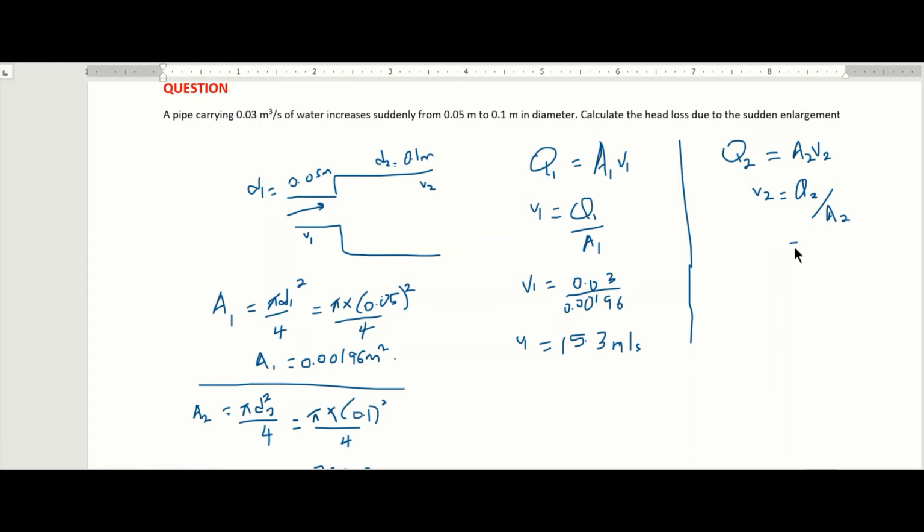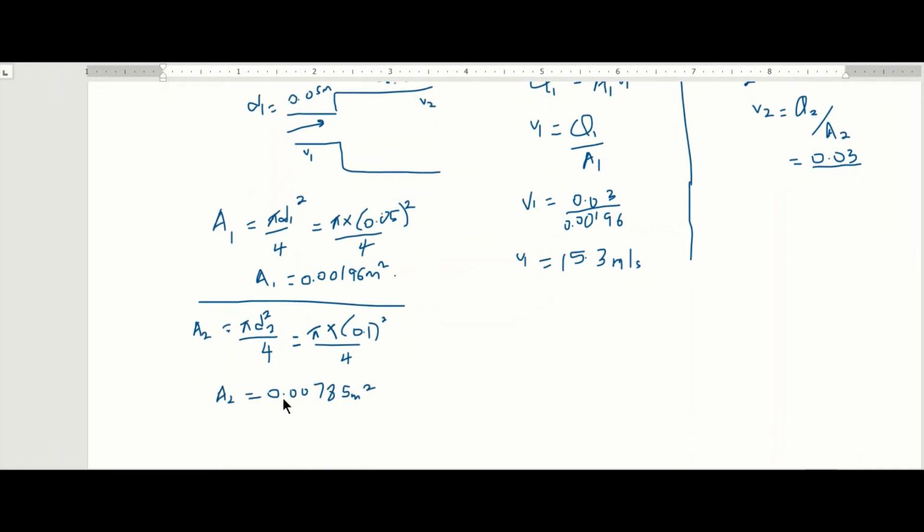Putting in our values, remember my Q2 is the same as my Q1 because the flow rate at section 1 must be equal to the flow rate at section 2 according to the principle of continuity. So my Q2 is 0.03 over my A2, which is 0.00785.